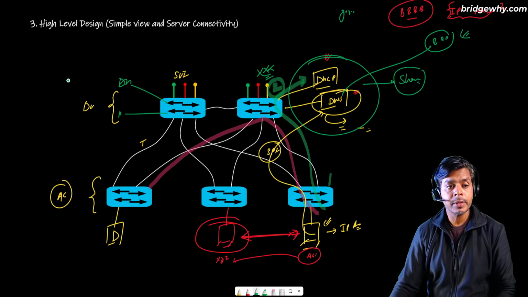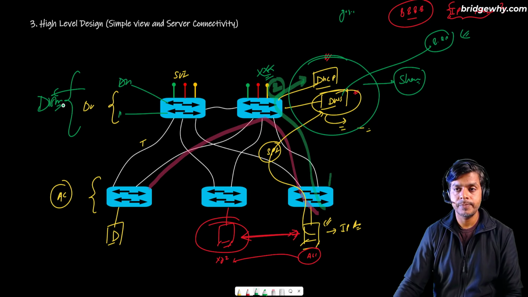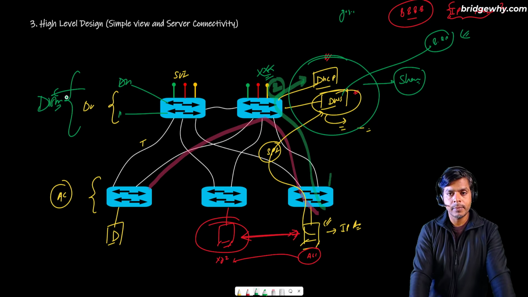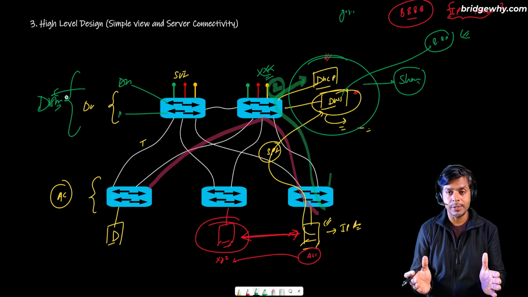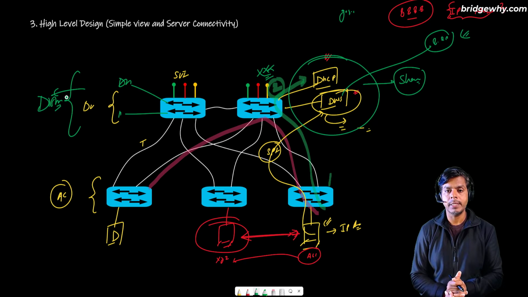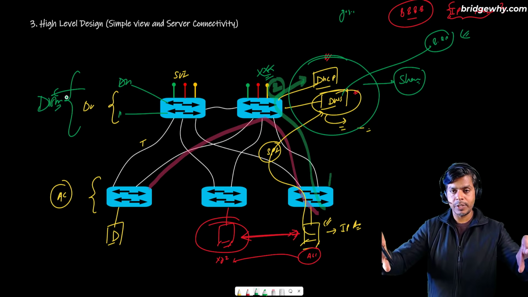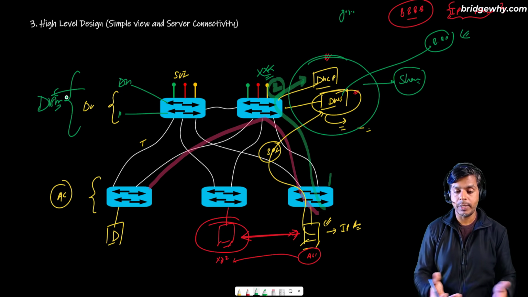By the way, some companies call this distribution switch distro. So don't worry about these names. If they are calling them distro switches, it means the switches which are at the distribution layer. As simple as that. So till now, we have access switches where we connect the endpoints, basically your laptops, your computers, your printers.